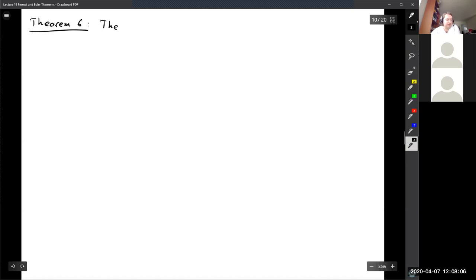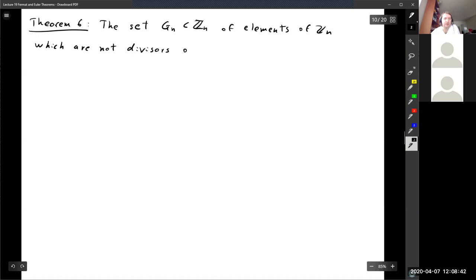Okay, so the set G_n, which is a subset of Z_n, of elements of Z_n which are not divisors of 0, forms a group.